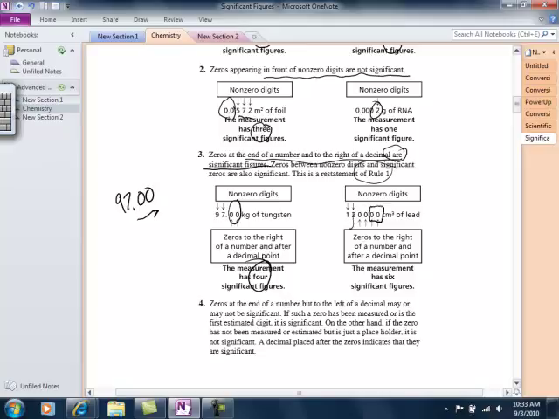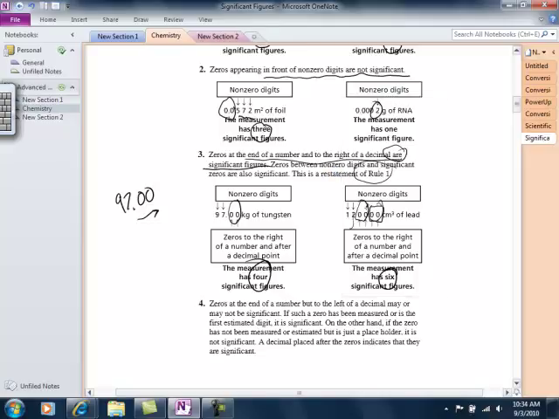They're to the right of a decimal. It's saying zeros to the right of a number and after a decimal, and then the zeros in between the significant zeros are also significant. That's a mouthful, right? So there's 6. All of those zeros are significant because there's a decimal that makes these 2 zeros significant, which by definition makes the other 2 significant. That's a bunch.